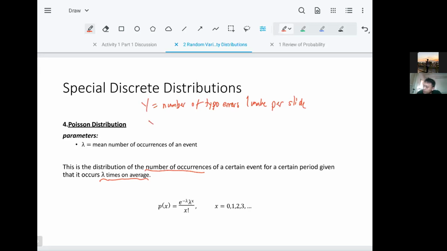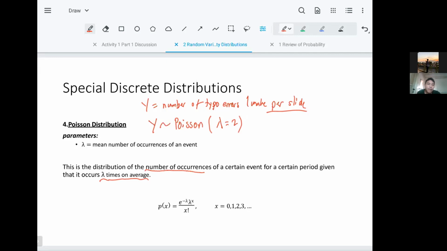So we say that y is Poisson since we're counting the number of occurrences of something for some period or some bound, once per slide, di ba? Assuming it occurs, let's say, twice on average. I make 2 mistakes per slide on average. So even if that's the average, there's a chance naman, of course, na I'll make no mistakes.